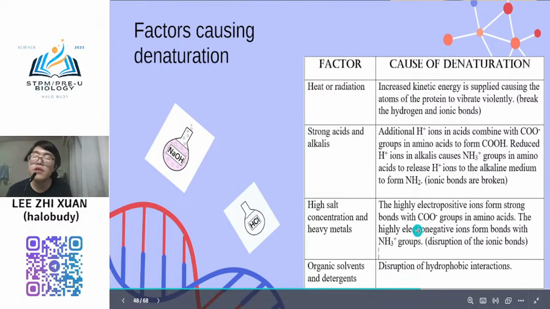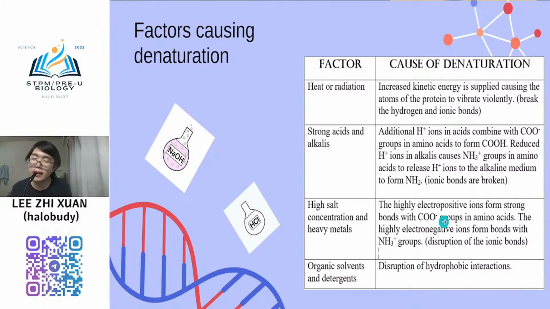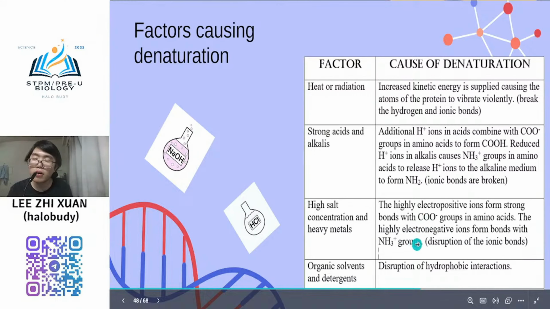They will form bond with any electropositive ion, like magnesium ion, zinc ion, all that. Similarly for negative ions: if they are highly electronegative, they will not bond with COO negative. They will bond with others, like hydroxyl group or other groups.